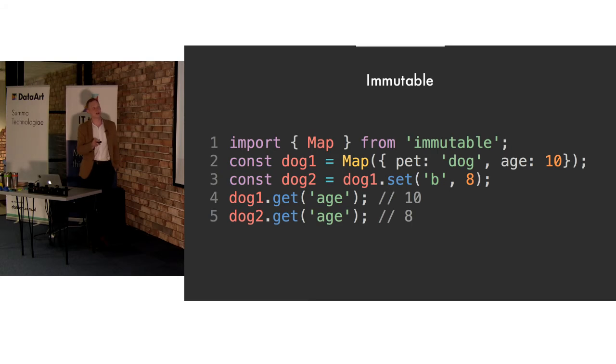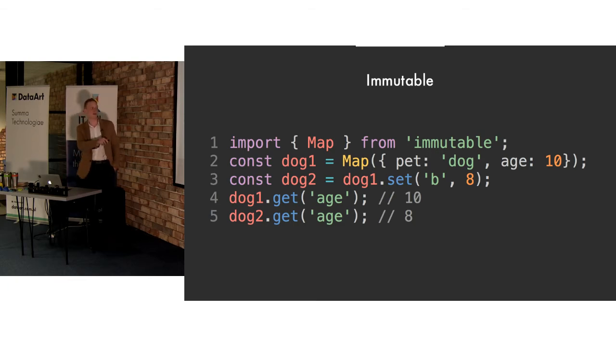You can create an immutable Map. Map is something similar to an object, the classical object in JavaScript. So we created some map. You can see that we passed a regular object inside, but we got a map outside. And you can see that we set the value.